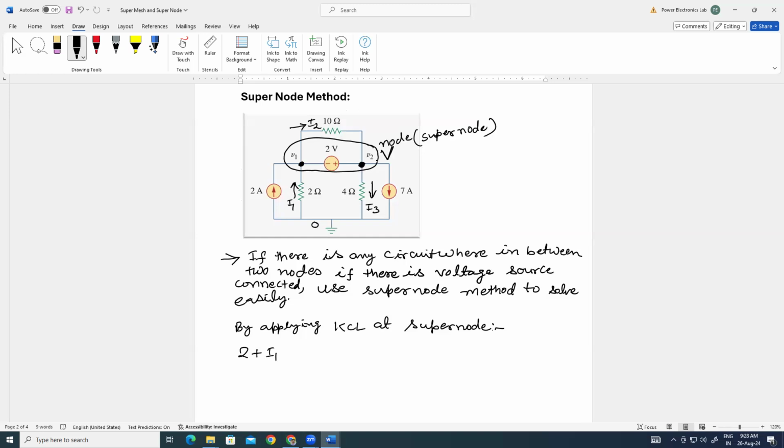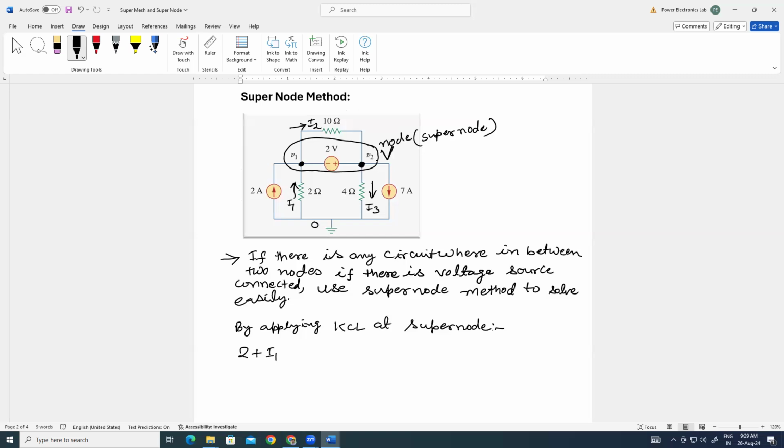How many outgoing currents are there? I3 plus 7. And what about I2? It came from the left and merged into the same node, right? I2, I3 and 7 ampere.